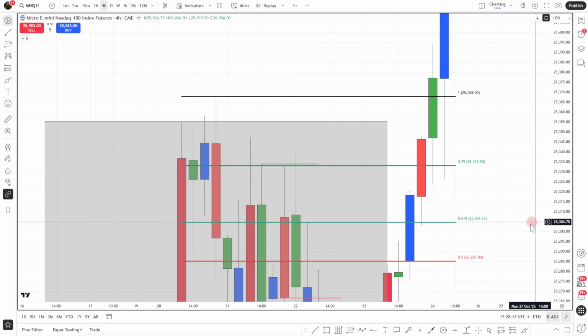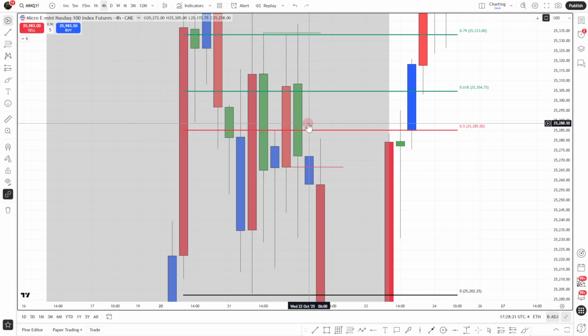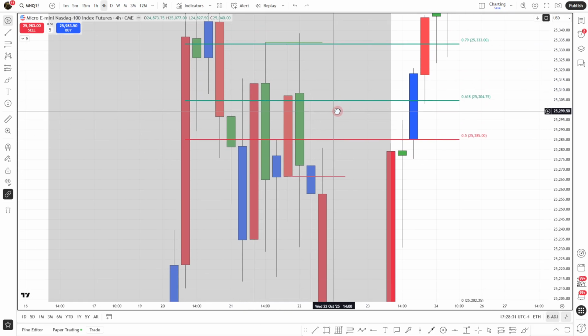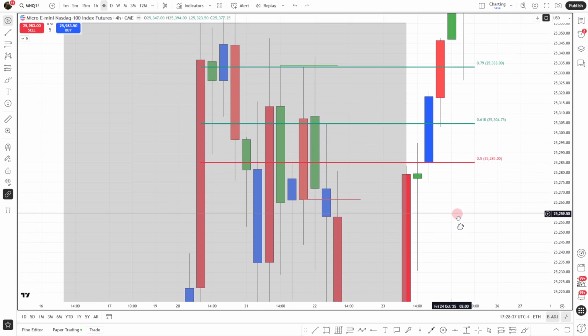This is a really great entry versus now the 6 a.m. candle. Here's my entry. Look at how it hits that. Look at how even on the 4-hour chart, it's using these fibbed levels in conjunction with how price is delivering.